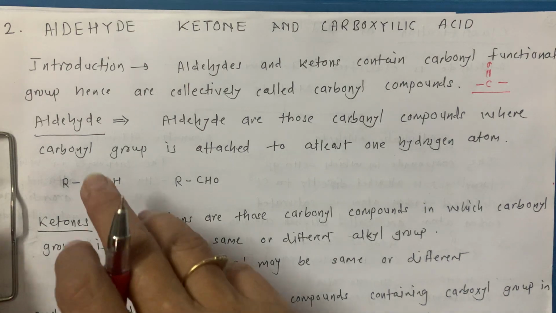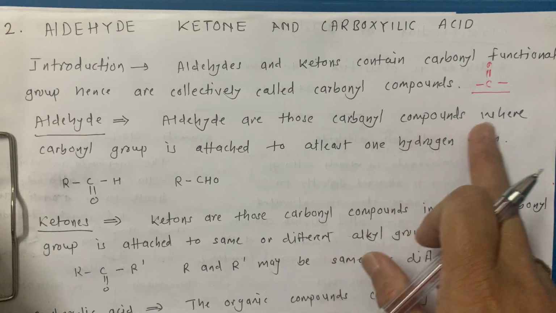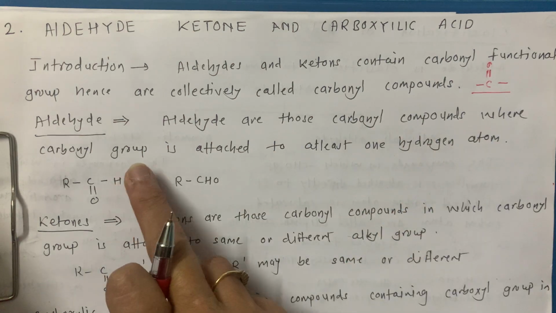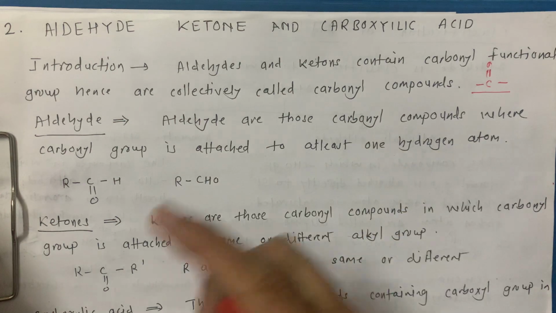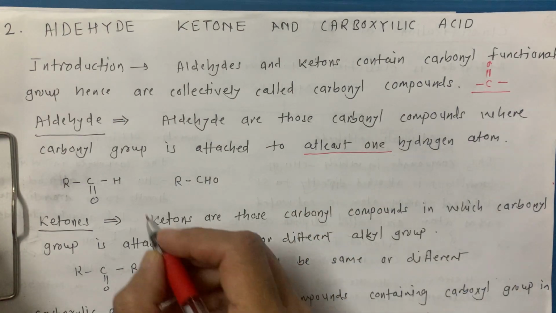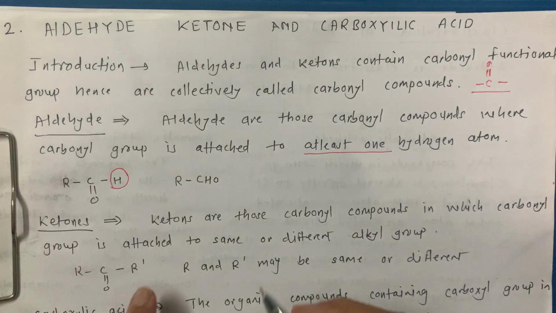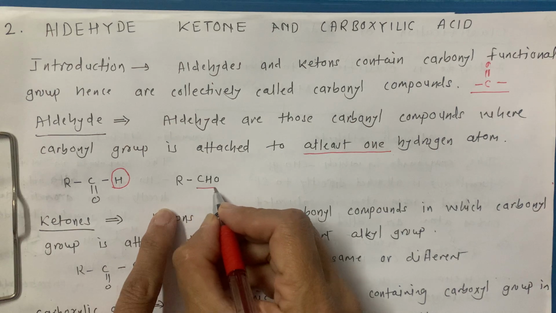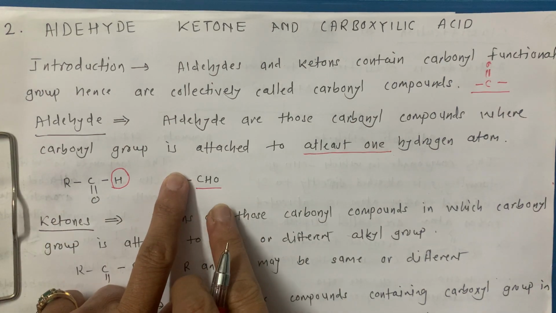Now what is an aldehyde? Aldehydes are those carbonyl compounds where the carbonyl group is attached to at least one hydrogen atom. This is very important: at least one hydrogen atom. The short form is CHO, known as the aldehydic functional group.